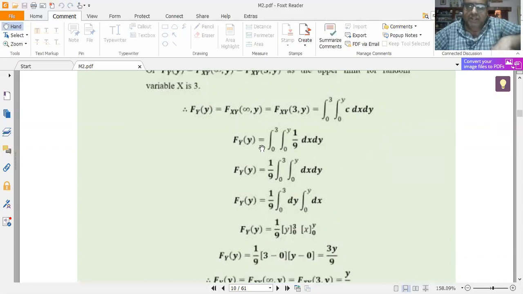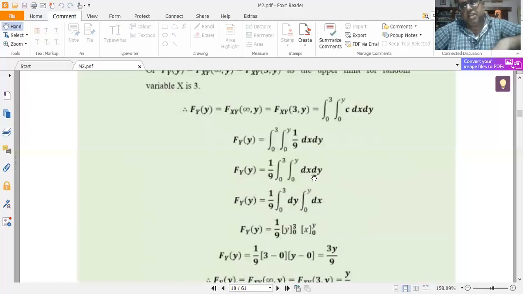Now evaluate. So this is equal to integral 0 to 3 integral 0 to y, substitute c is equal to 1 by 9, so 1 by 9 dx dy. Since 1 by 9 is constant, pull it outside, so I get 1 by 9 integral 0 to 3 integral 0 to y dx dy. So this becomes 1 by 9 integral 0 to 3 dy into integral 0 to y dx.